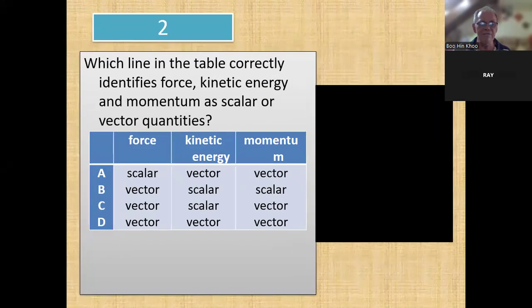Okay, let's go to scalars and vectors. Which line in the table correctly identifies force, kinetic energy, and momentum as scalar or vector quantities? C. Okay, good.